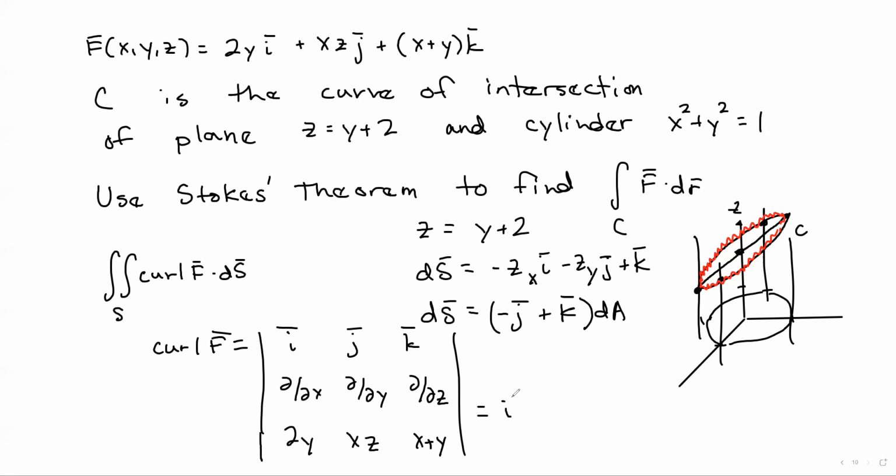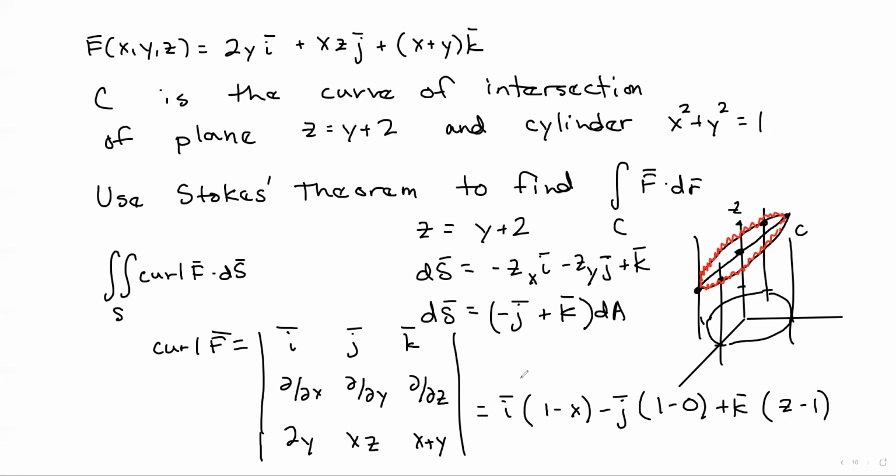So we're going to get i times 1 minus x, minus j times 1 minus 0, plus k times z minus 1. All right. So that's our curl of F.